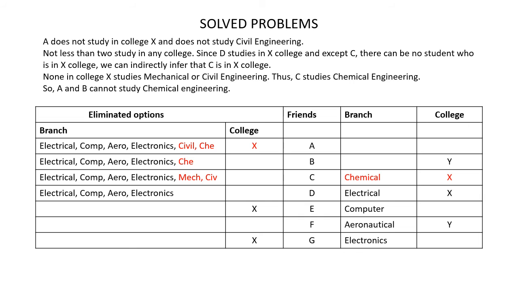So mark X under college in eliminated options and civil engineering under branch in eliminated options for A. So this shows that A does not study in college X and he does not study civil engineering.